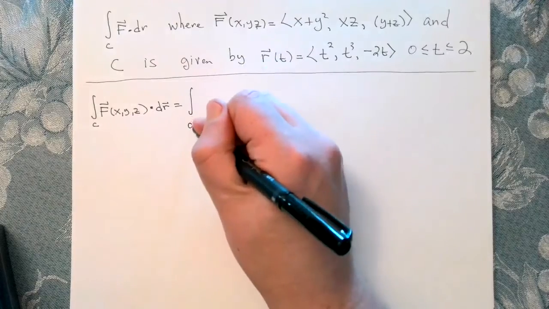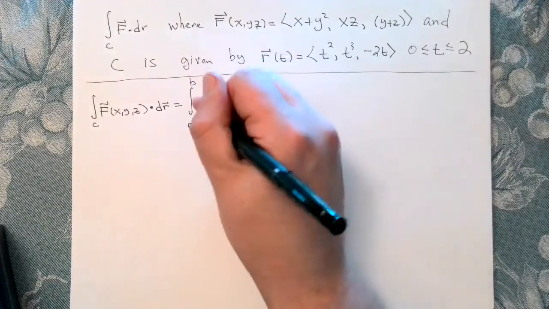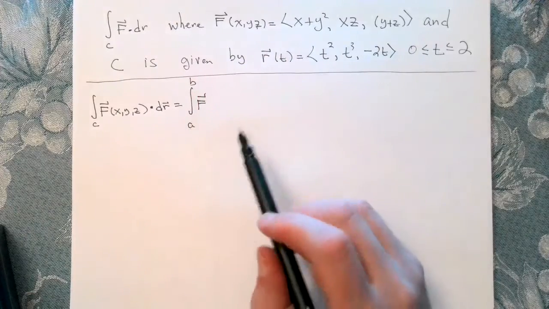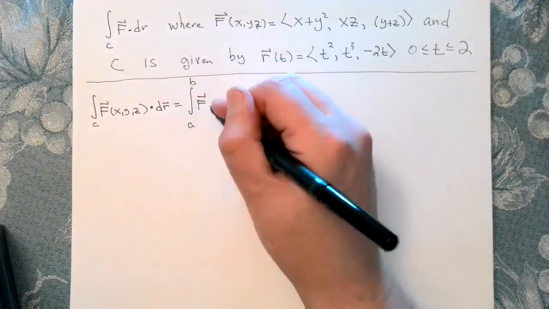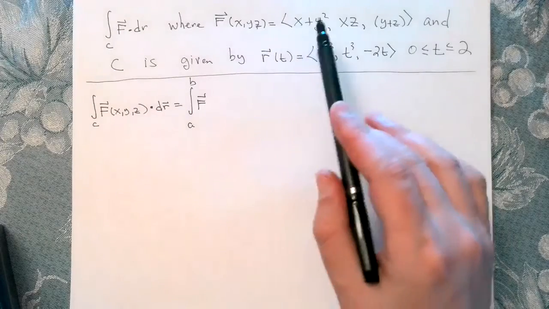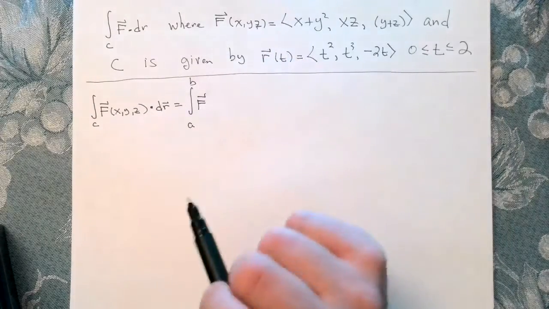So we're going to integrate from a to b based on our parameter. And then we want to take our vector field and evaluate it along the curve. Essentially, by doing this, we're just restricting how much of the vector field we consider. We're only interested in the vector field that's along our curve or path.